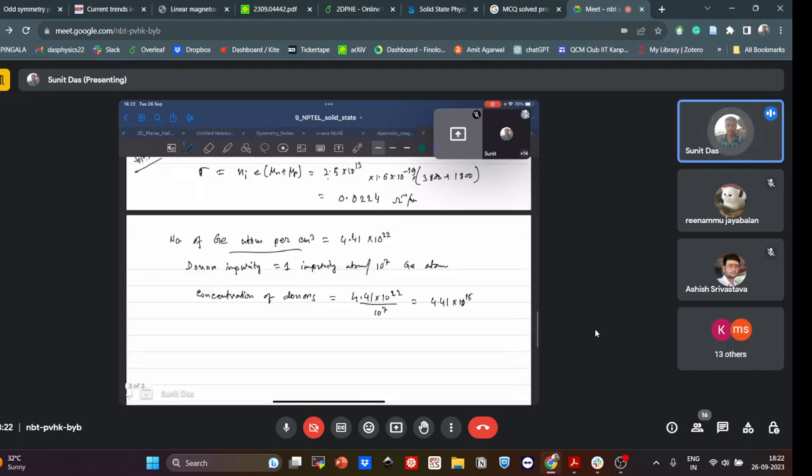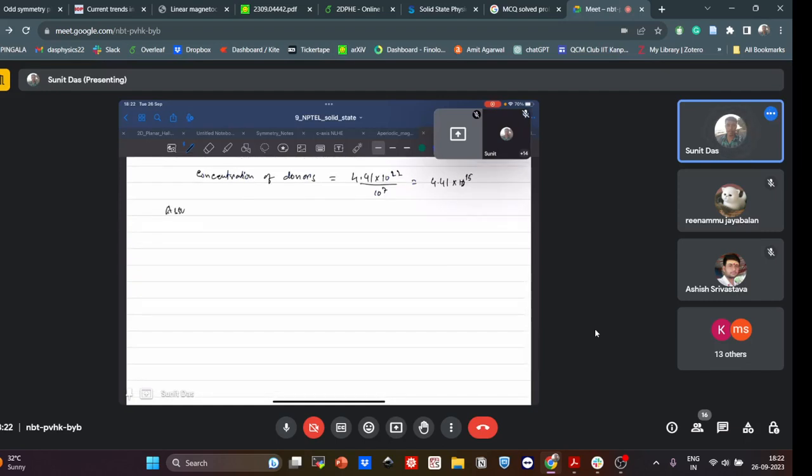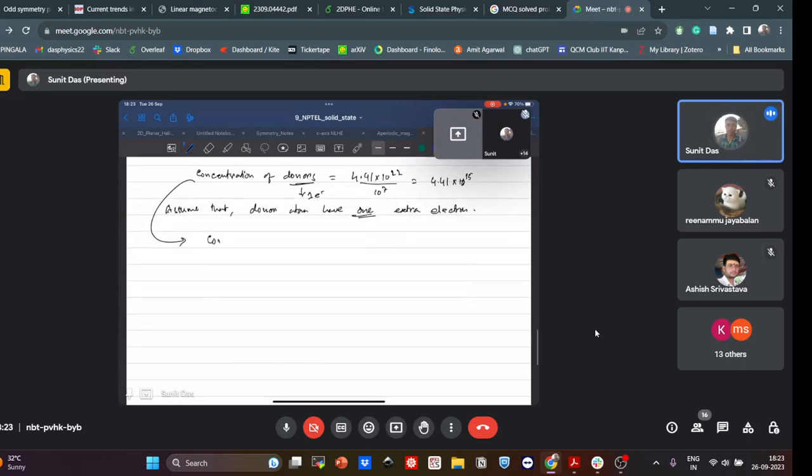That means we actually assume that the donor atom has one extra electron which doesn't take part in the covalent bond with the germanium, right? So then, from this information, one atom of donor contributes to only one electron. So then the concentration of electrons will also be the concentration of donors.